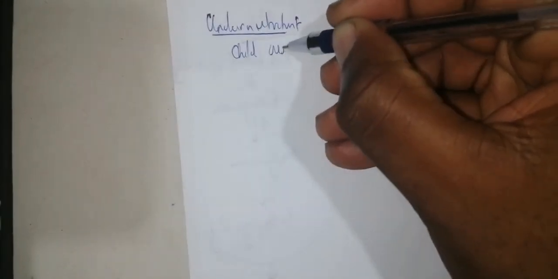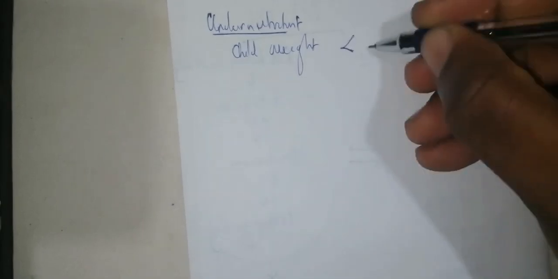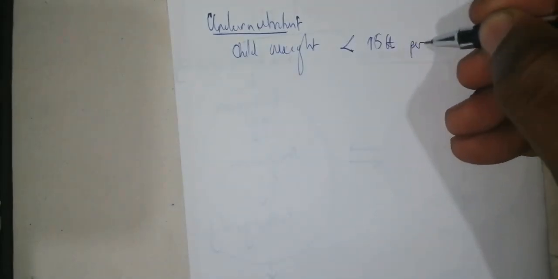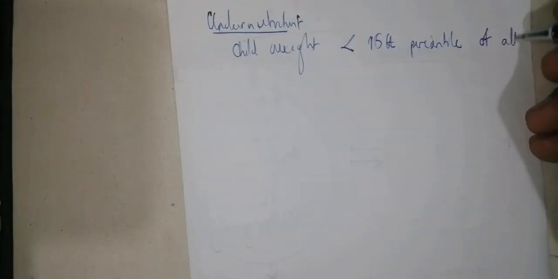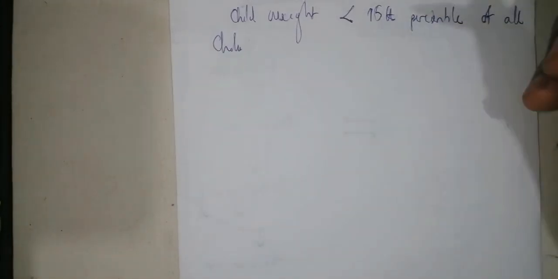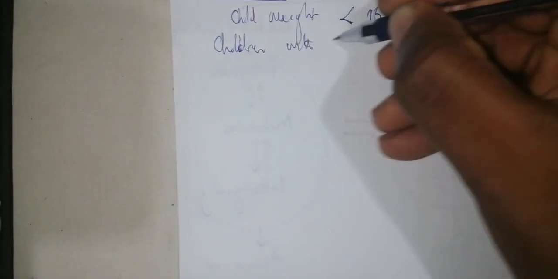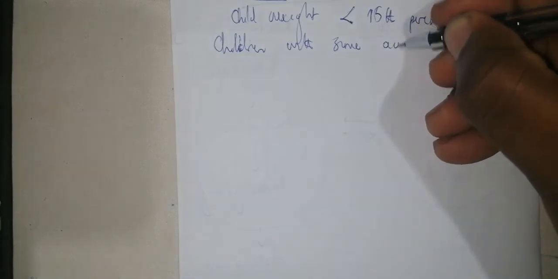The next definition is undernutrition. Undernutrition is defined as when the child's weight is less than the 15th percentile of all children with the same age. So undernutrition is defined as when the weight is less than the 15th percentile of all children with the same age.